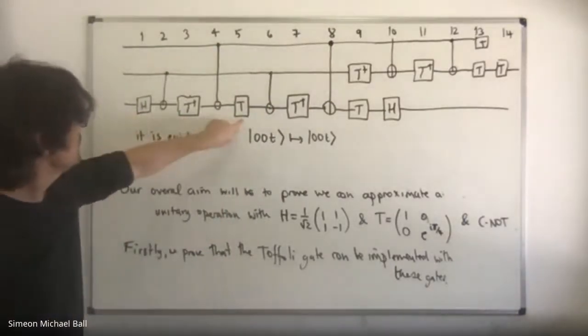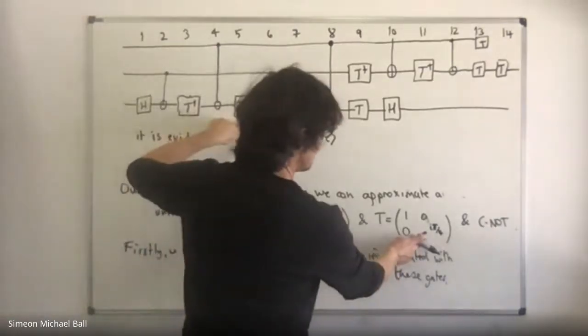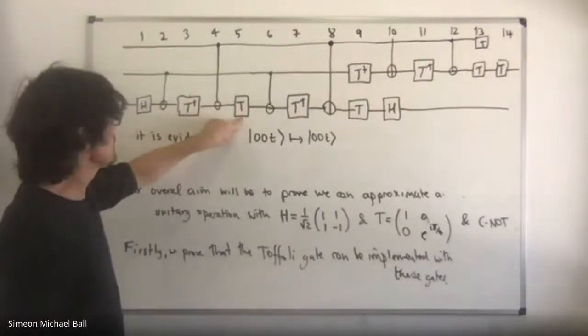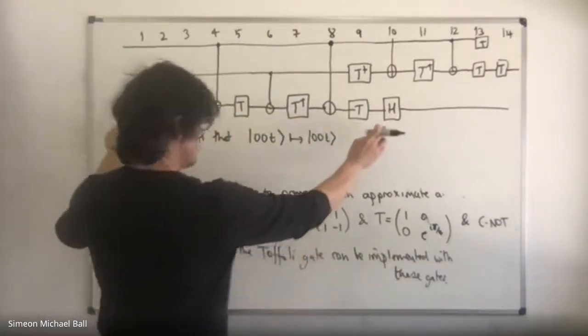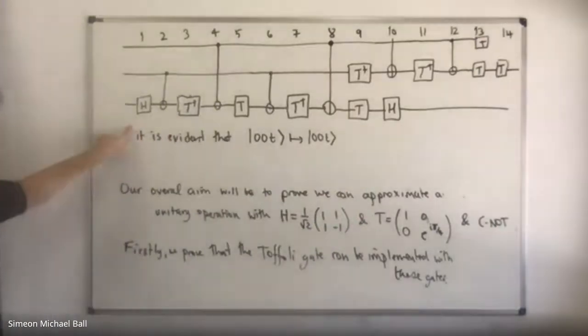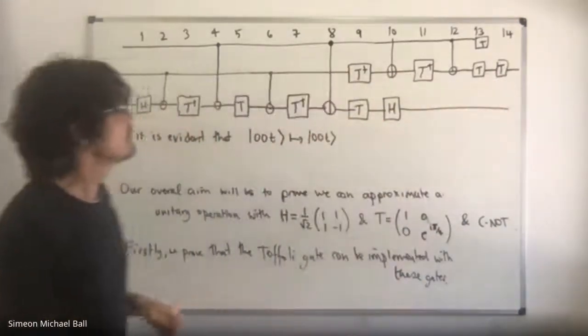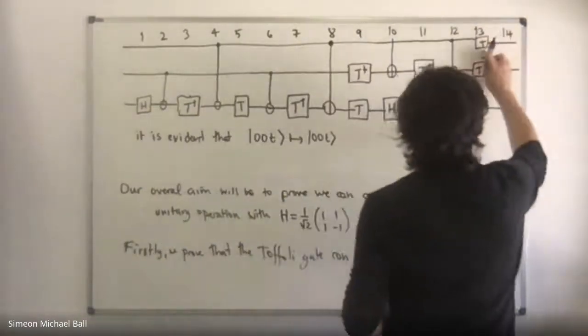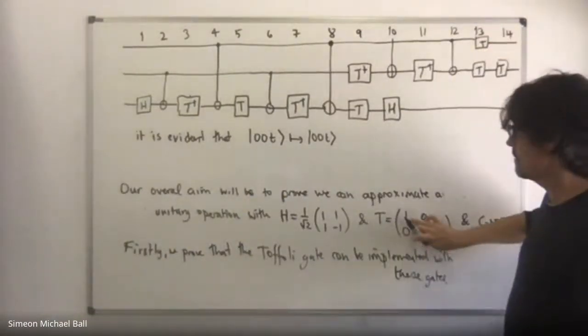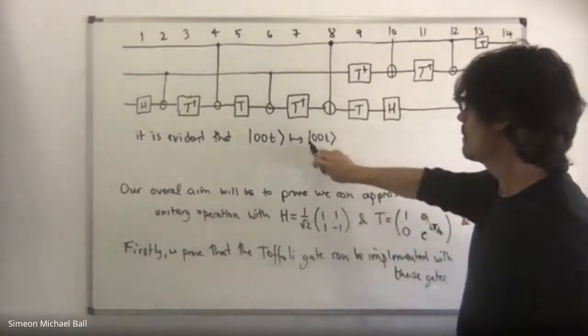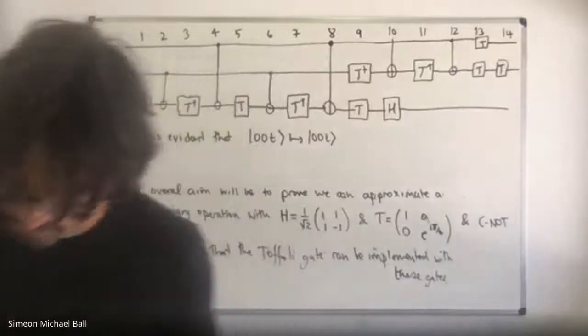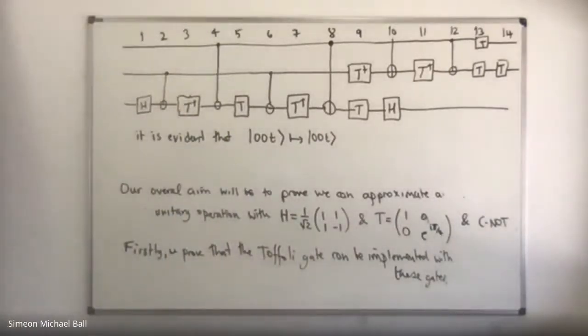So this T conjugate with T, T is unitary, so this is the identity. H is Hermitian and unitary, so H is going to be the identity. The only thing that happens is this T up here on the first qubit, but if it's set to 0, it's just 1, it doesn't do anything. So I think it's evident, just about, that 0, 0, t goes to 0, 0, t. Any complaints?